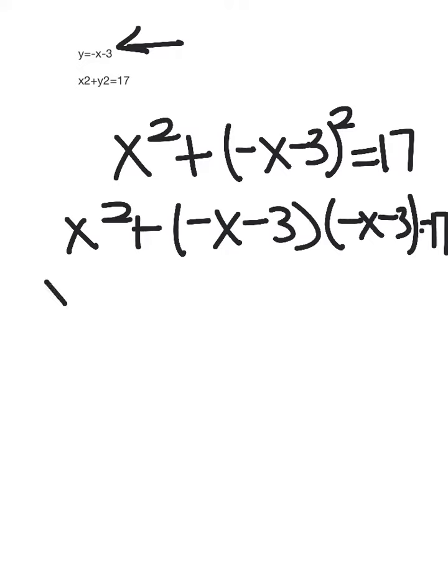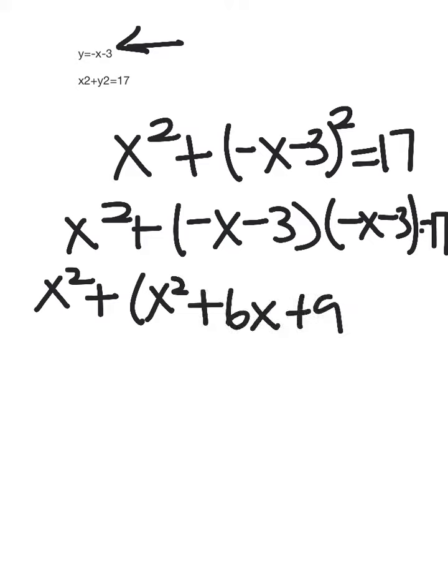That would mean that x squared plus x squared plus 6x plus 9 would equal 17.